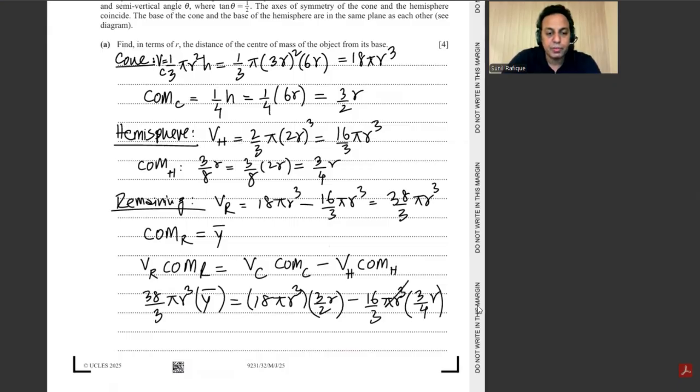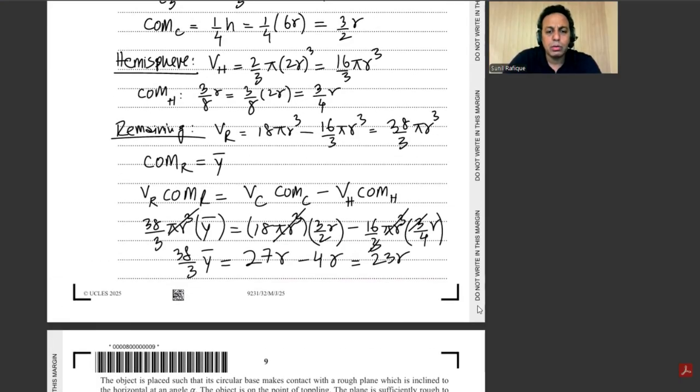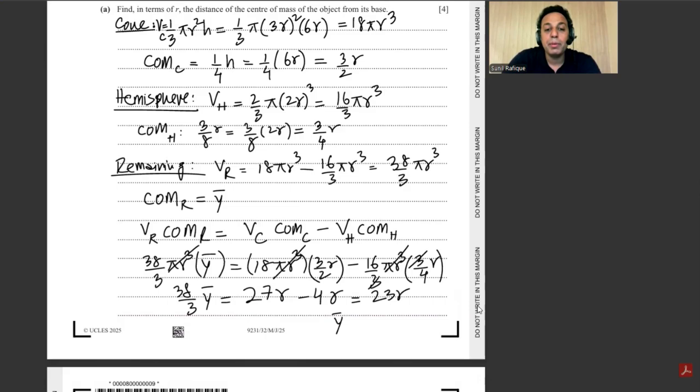So let's just get rid of the pi r cubes, and I'll be left with 38/3 y bar equals, 9 threes are 27r, minus 4r. So that's just 23r. Y bar is 23r times 3/38, and that's 69r/38. So that should do, right?